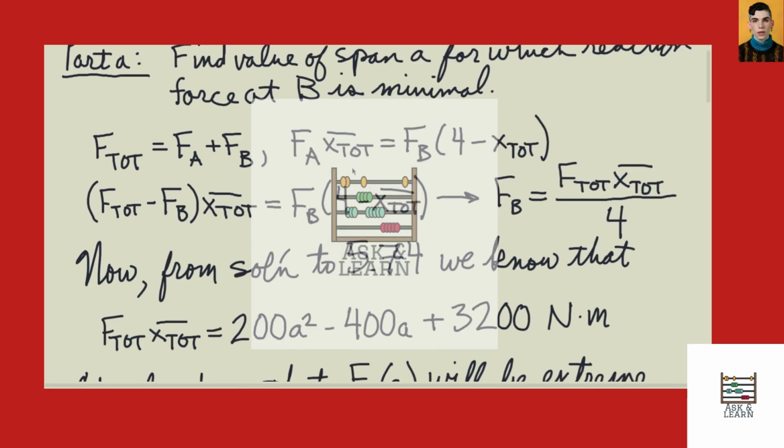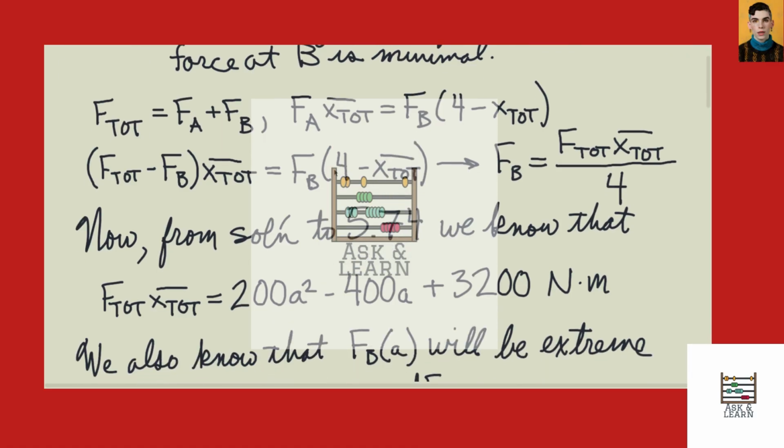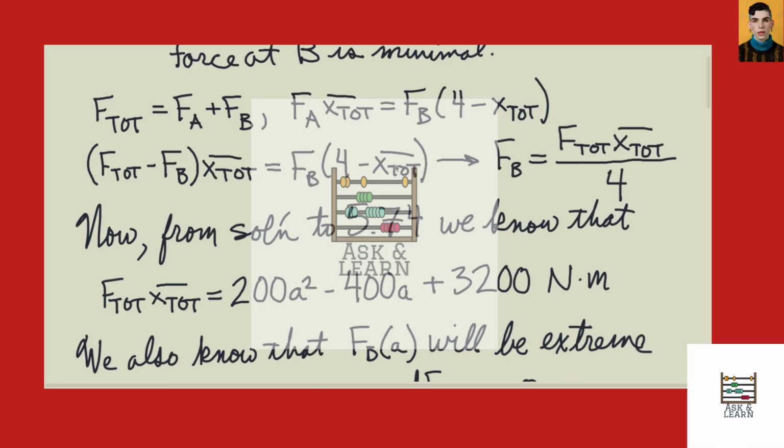Using these two equations, we can solve for a relationship of 4 F sub B, the reaction force at support B, in terms of our yet unknowns, total load, and centroid on the beam, divided by 4. That took a couple of algebraic manipulations of collecting terms that have a common factor F sub B and doing a division.